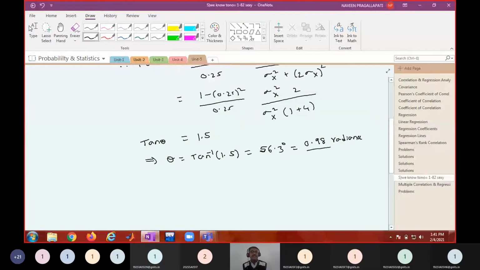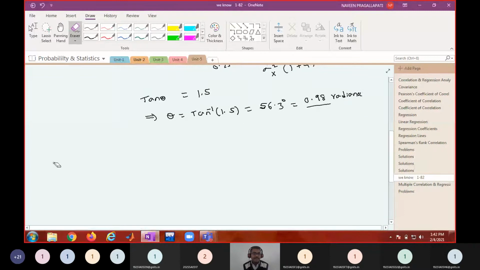Or you better give it in terms of pi. If 180 degrees equals pi, then what will be 56.3 degrees? So always give the answer in terms of pi radians, like 2 radians, 1 by 2 radians. Okay, so that you can do later.